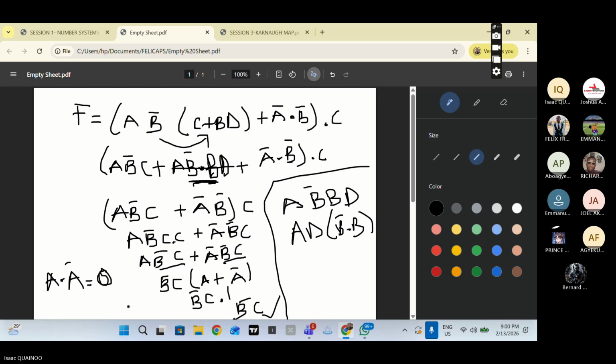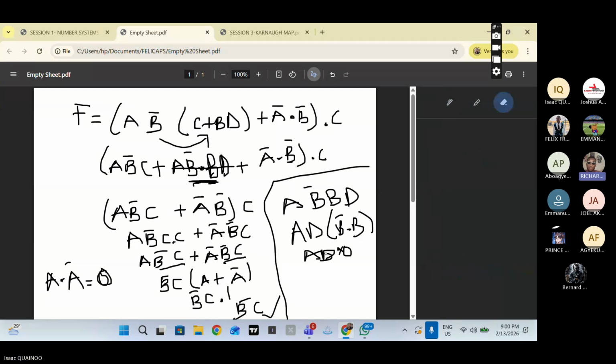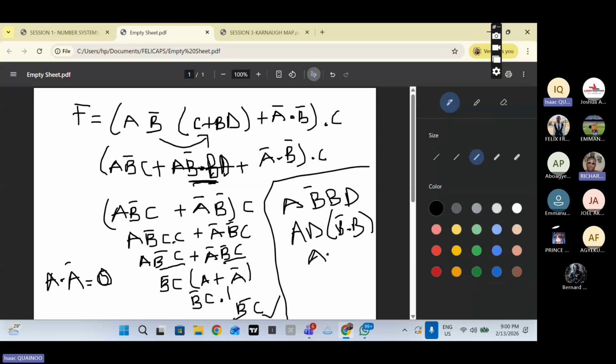Yes, I do. Exactly. So that means everything in the bracket here now becomes 0. So you now have AD times 0, or AD dot 0, however you decide to designate it.